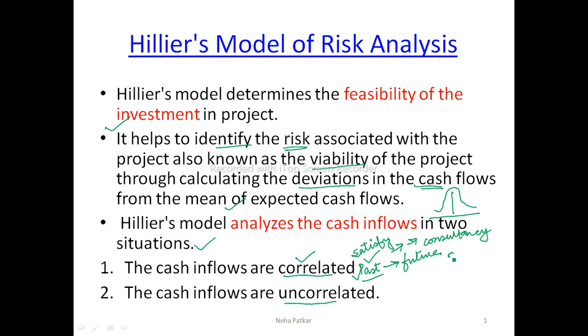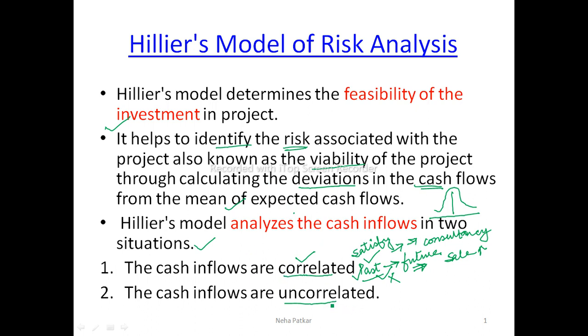So future sale will be increased on the basis of past record. On the other hand, if past record is not good, customers are not satisfied, they will not go to that particular company for any project or consultancy again in the future, and it will affect the sale also, right? These are correlated cash flows. In the next slide, we will try to understand why correlated is risky.